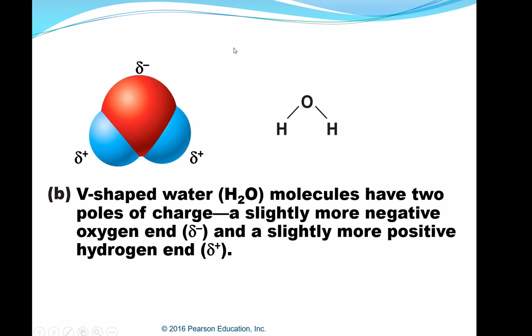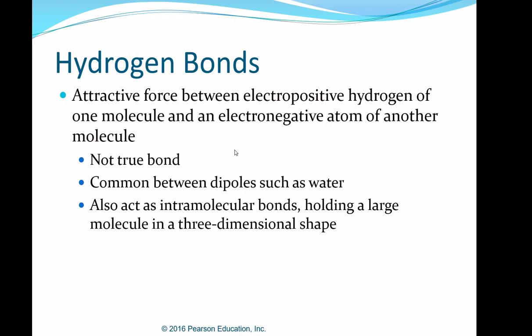This distribution here, this slight positivity and slight negativity, then allows polar molecules like water to form hydrogen bonds. Hydrogen bonds are not considered a true bond. They're really more of an attraction between an electropositive hydrogen and some other electronegative atom.